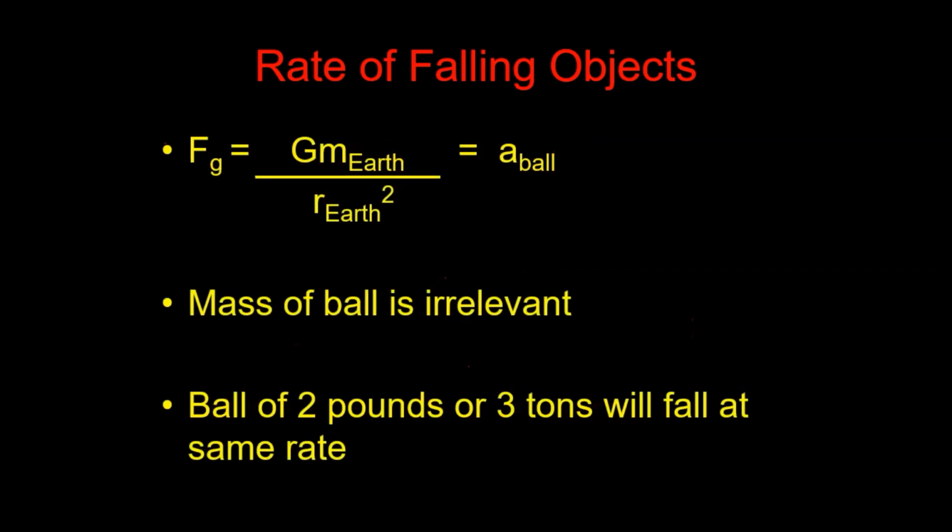Because of this, the force of gravity, G m Earth over r squared, is equal to the acceleration of the ball. And this is why you often see the force of gravity on Earth quoted both as a force in terms of newtons and also as an acceleration interchangeably in the case of physicists. So the mass of the ball is irrelevant. A ball of 2 pounds or 3 tons will fall at the same rate because of this effect.